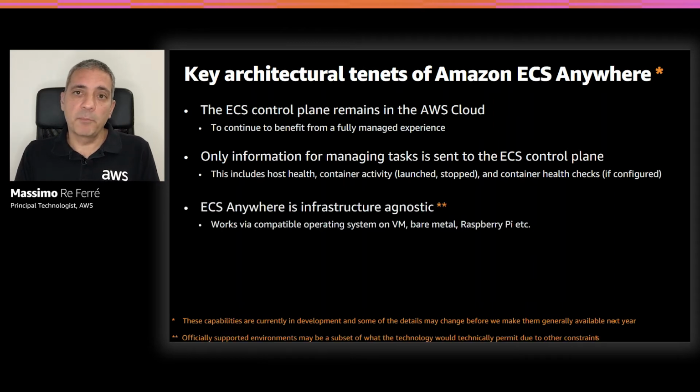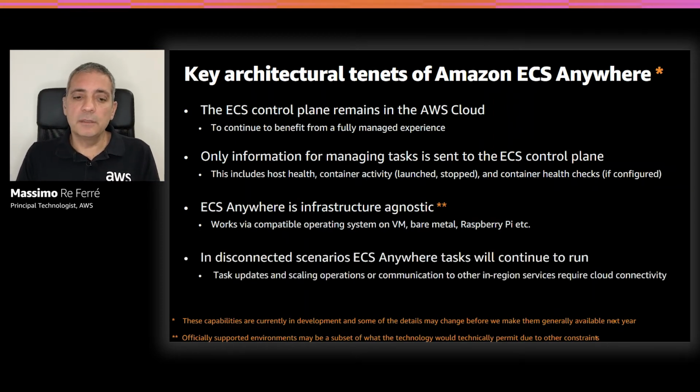The other thing that is important to understand is that ECS Anywhere is infrastructure agnostic. We don't really care where the SSM agent runs as long as it's running on a supported operating system and devices. But the idea is that you could run these on virtual machines, bare metal servers, or all the way to Raspberry Pis if you wish.